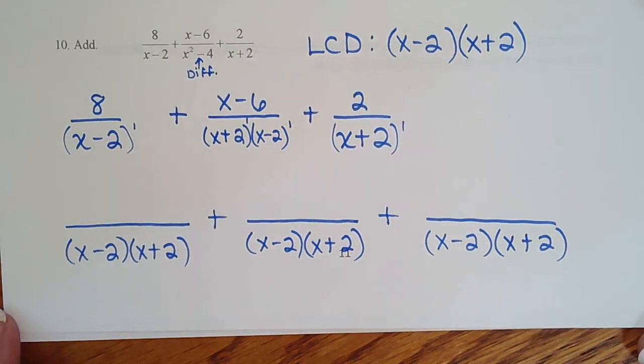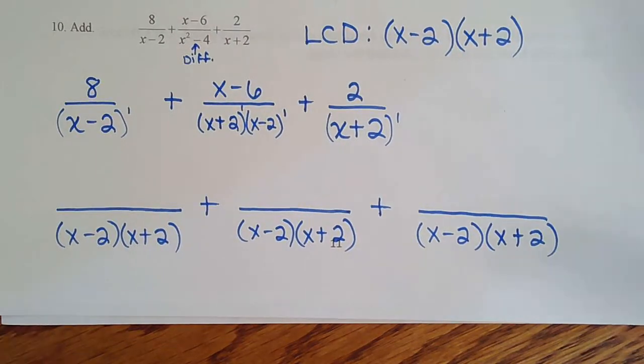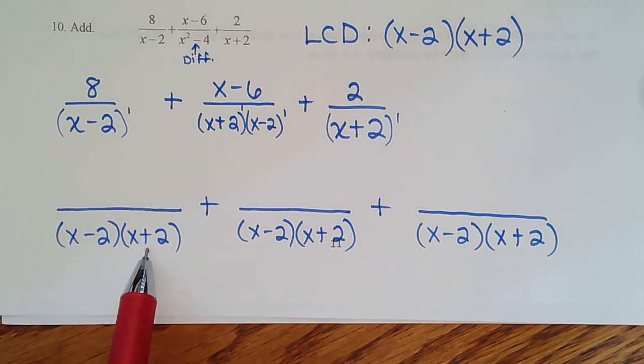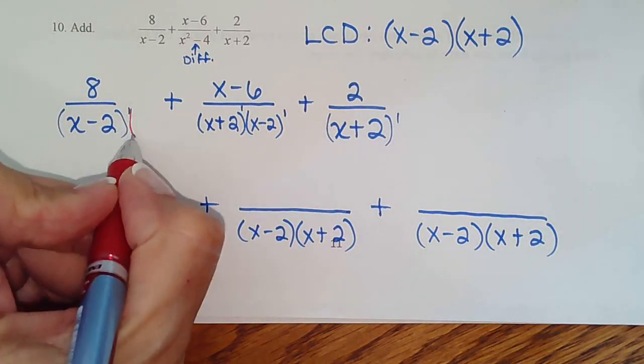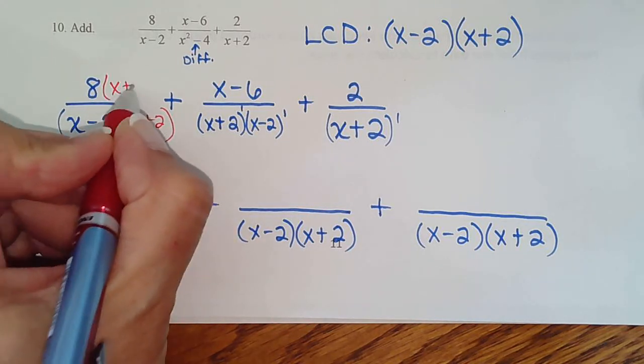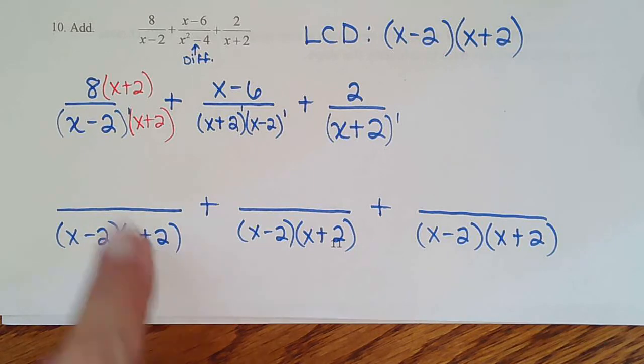Okay, so they're all going to look like that. So now it's time to say what is missing. I look at the first fraction, I say, what is it missing to make it look like this? Oh, it's missing x plus 2. So I add an x plus 2 here, and I add an x plus 2 here. So it's already written down there.